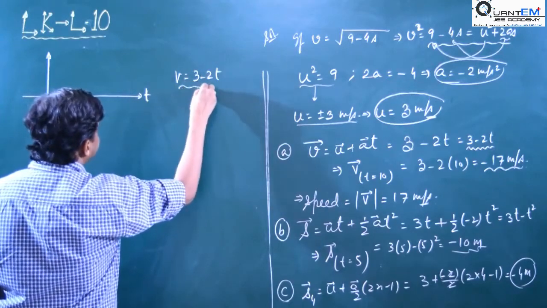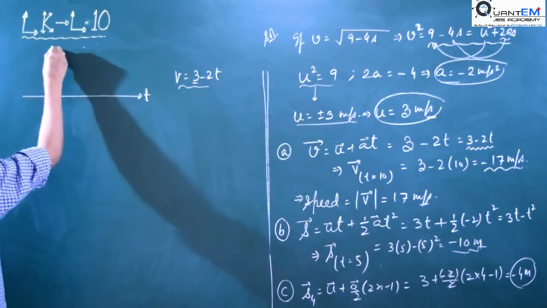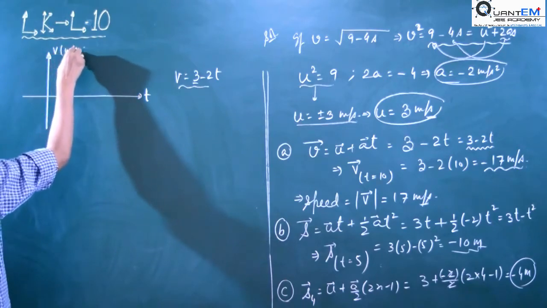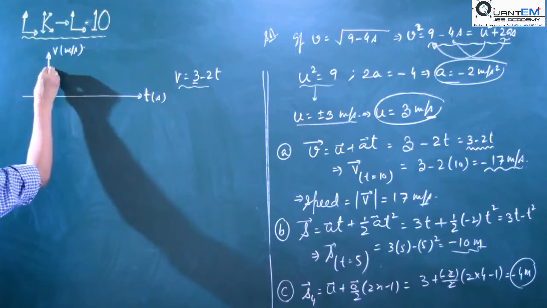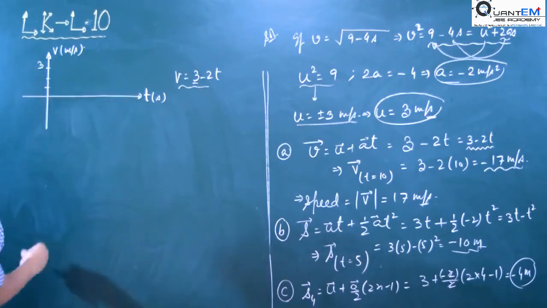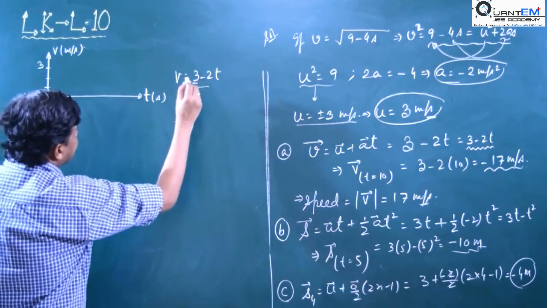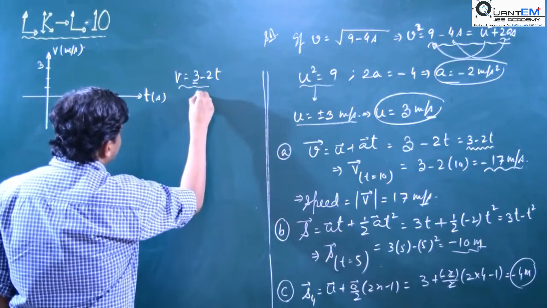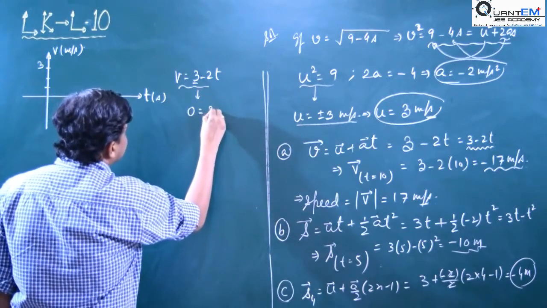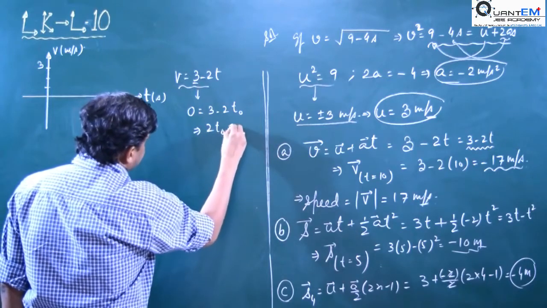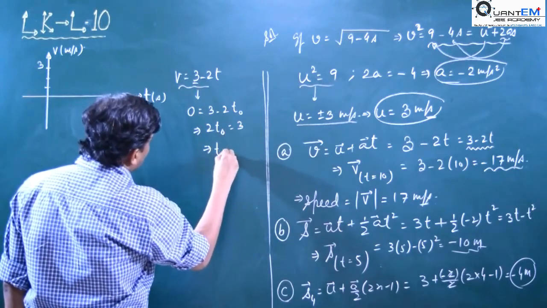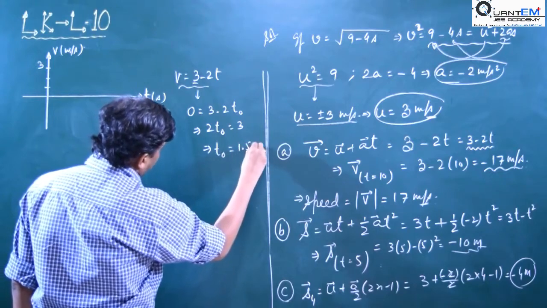We have velocity in meter per second, time in second, 1, 2 and 3, and minus 2t. At what time does velocity become 0? Say 3 minus 2t naught is 0. 2t naught is equal to 3, or t naught is equal to 1.5 second.